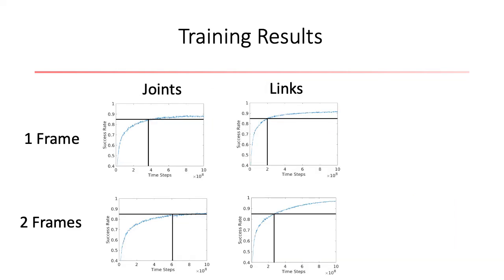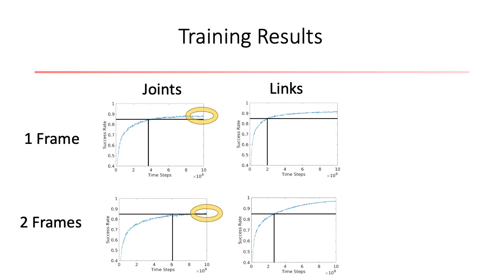Comparing 1 frame to 2 frames, with joints, moving to 2 frames increased time steps to reach 85% success by 240 million time steps. For links, moving to 2 frames also increased time steps to reach 85%, but only by 70 million time steps.